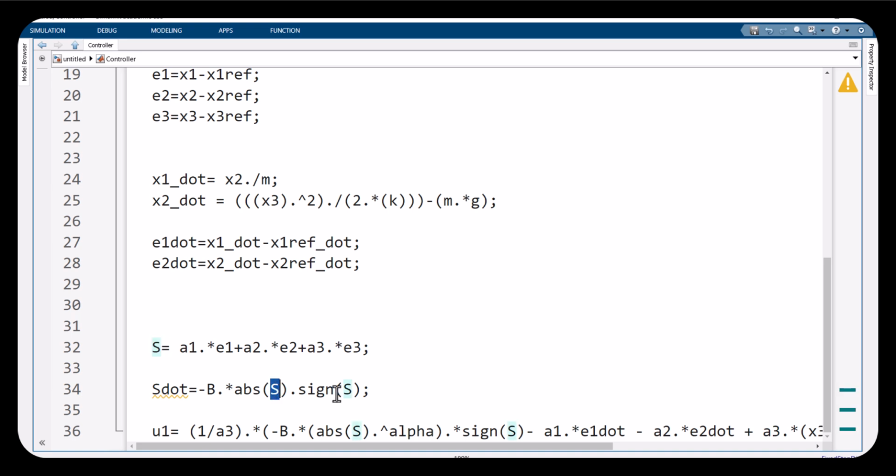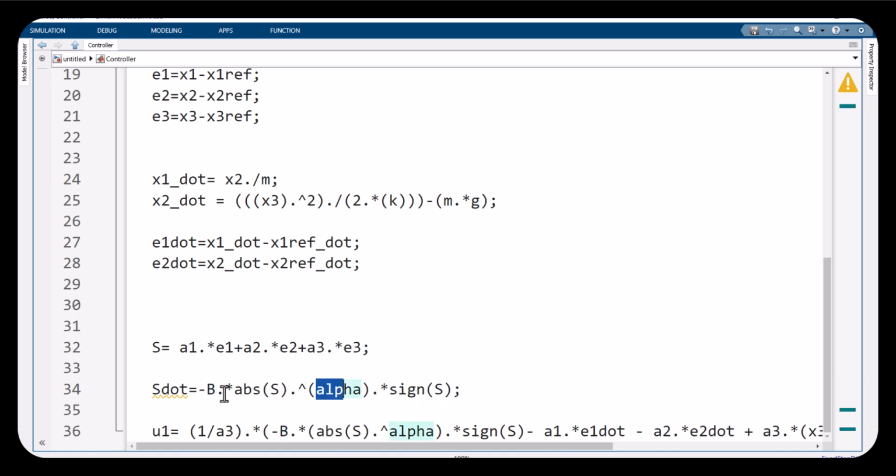This beta is also a tuning parameter, and an extra thing we can do is take the power of this absolute sliding surface, to see how much weightage should be given to it. This also changes the magnitude of this whole equation.